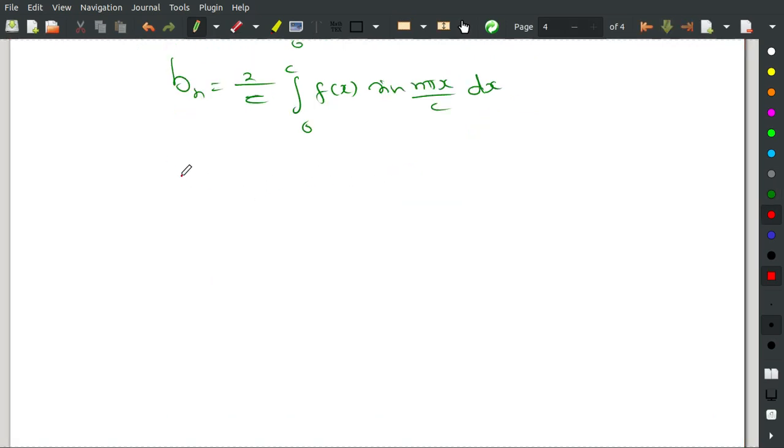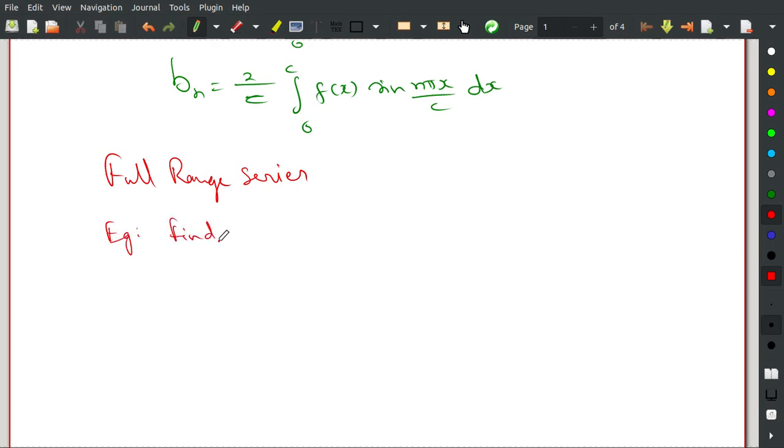Let me work out an example for full range series. Find the Fourier series for f of x equals mod x.